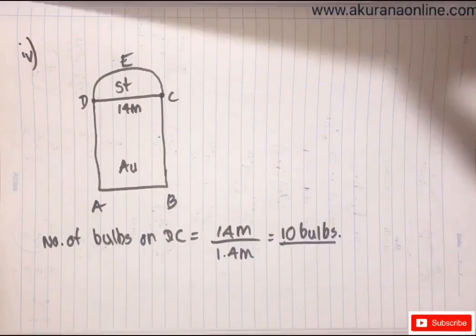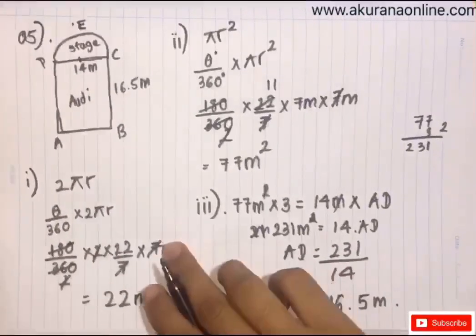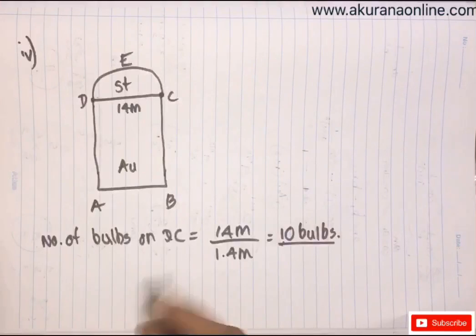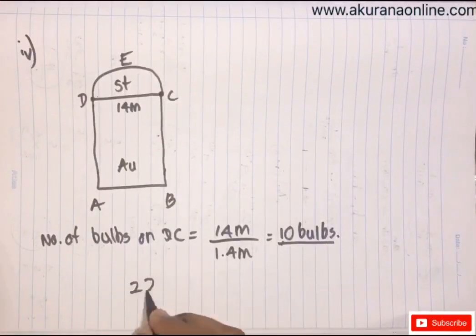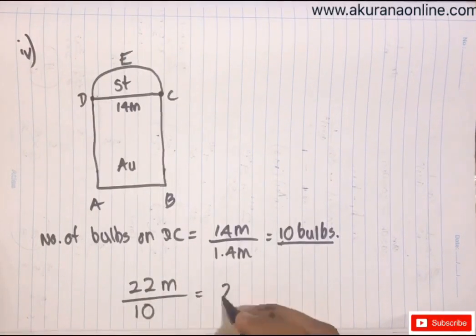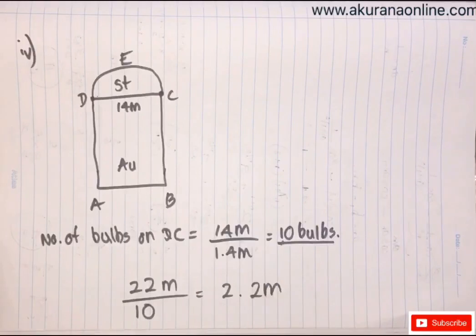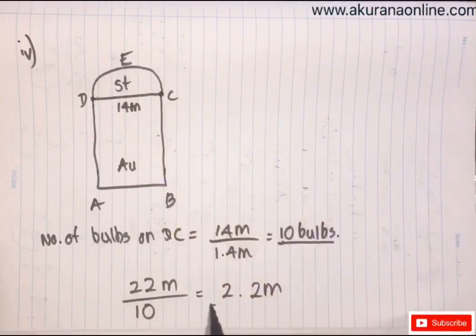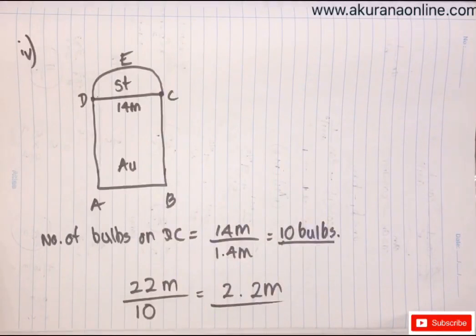The arc length was 22 meters. Therefore 22 meters, let us divide by 10. Therefore the answer you get is 2.2 meters. Between each of the bulbs here, the gap should be 2.2 meters. That's all.